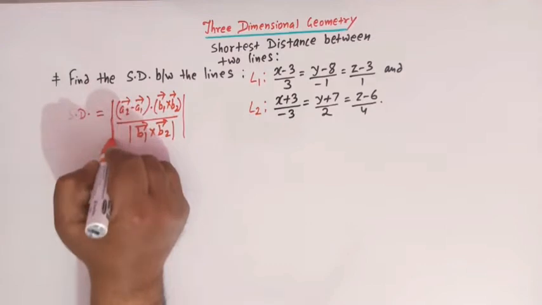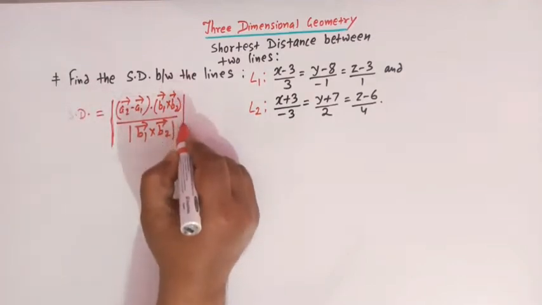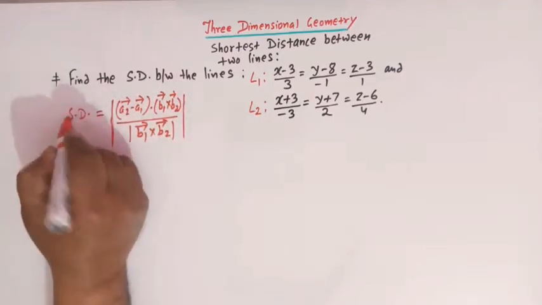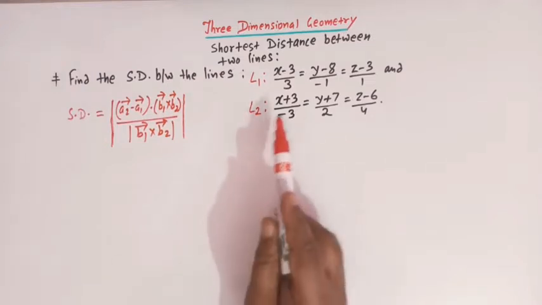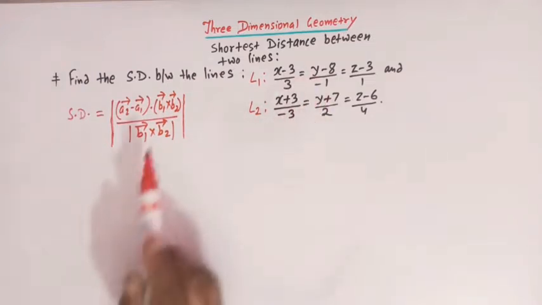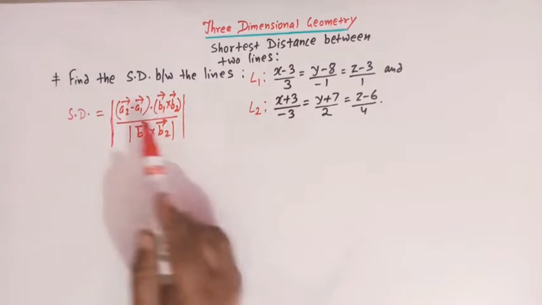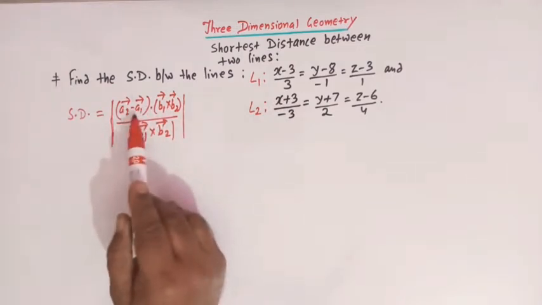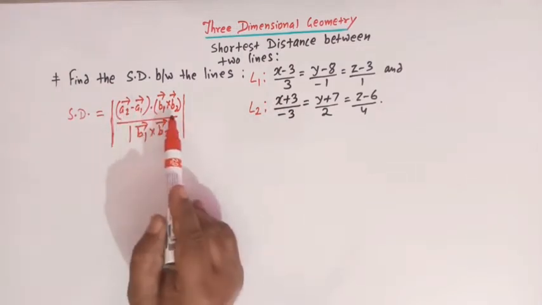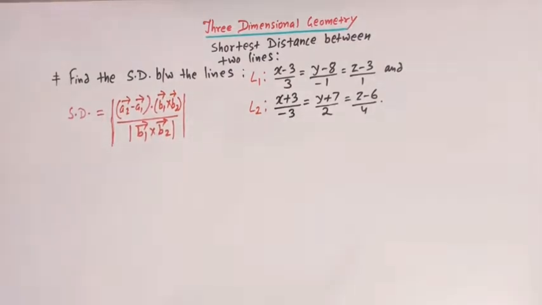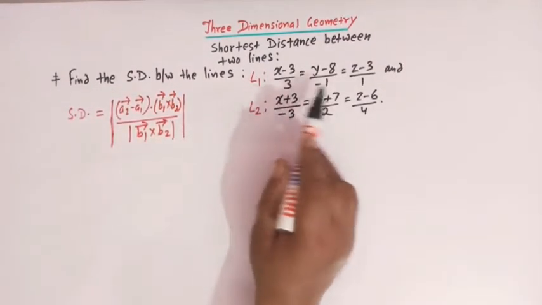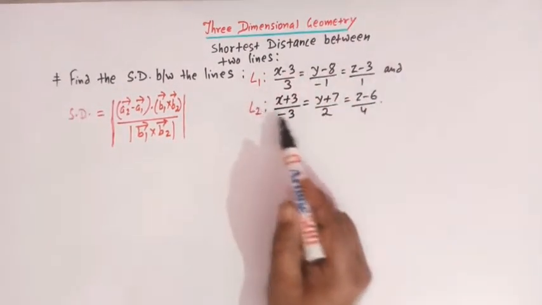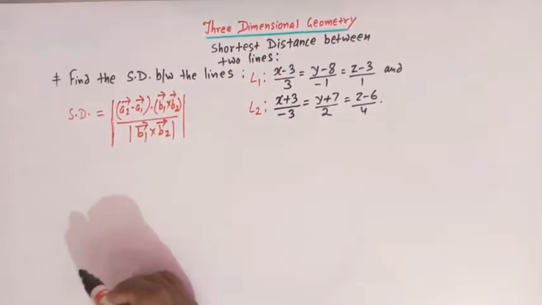We are going to use this result to find the shortest distance between these two lines, and here we'll explore the notations a1, a2, b1 and b2. Viewers, here we are given the Cartesian equations of the two lines L1 and L2.